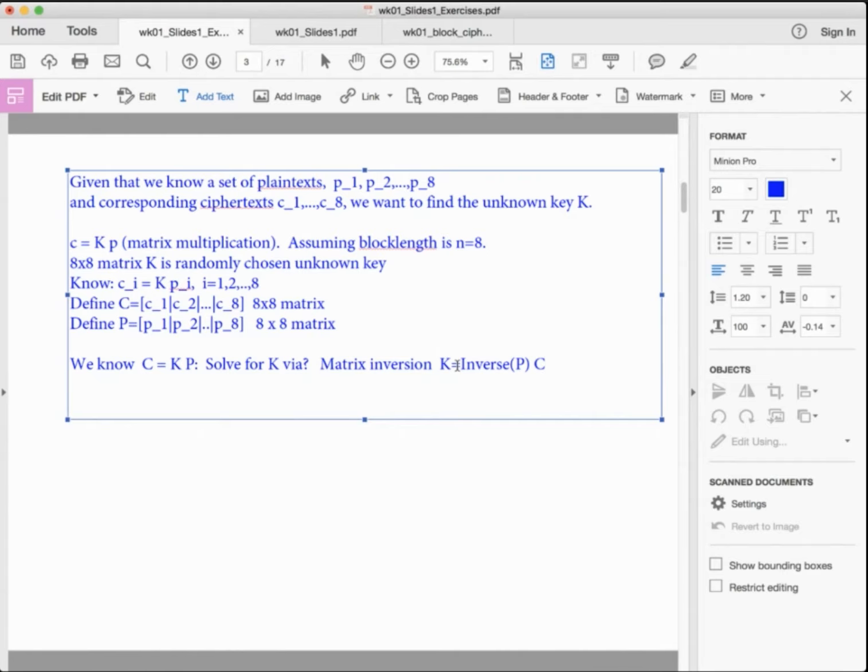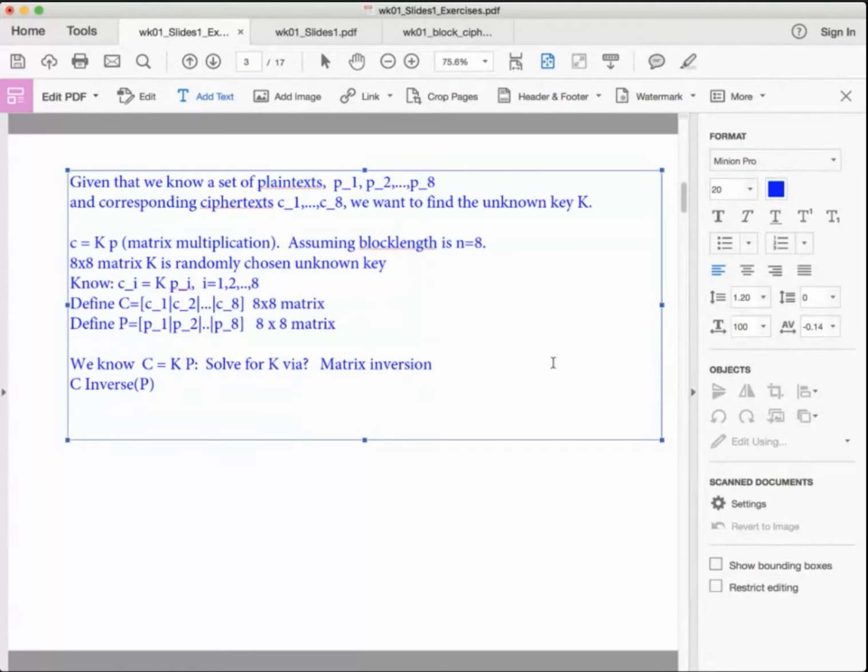Is that correct? It's incorrect. Matrix multiplication is not commutative. So actually, let us remind you of that. So I have C multiplied by inverse P. Hang on, please. Let me finish this and we'll talk.